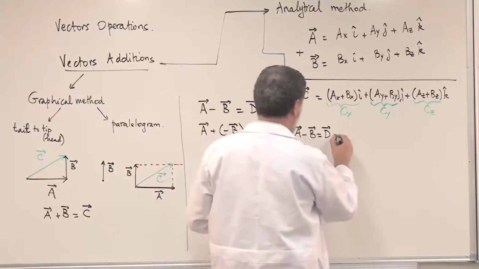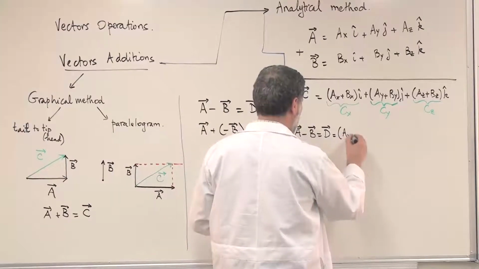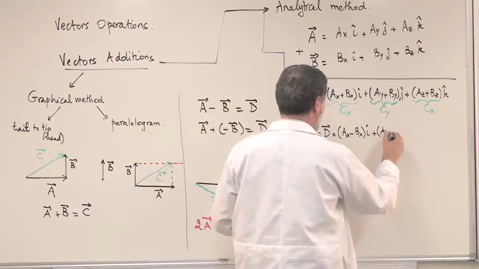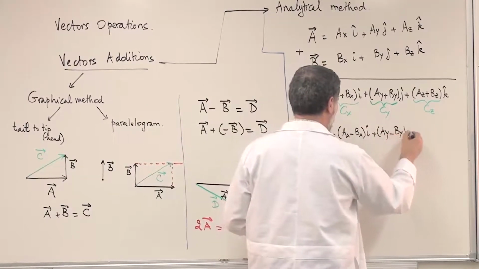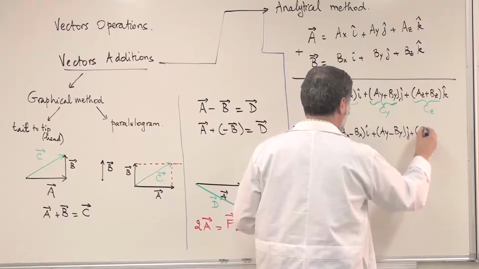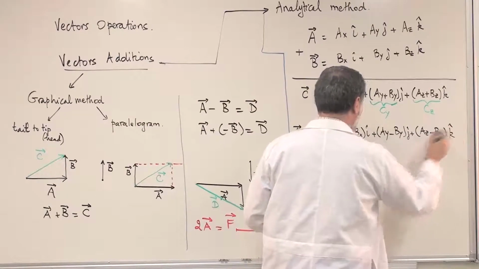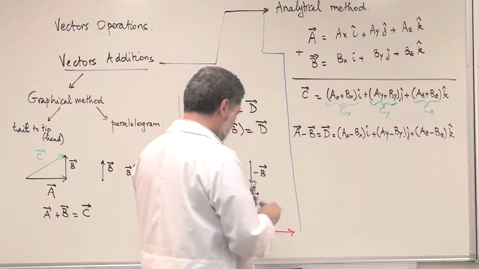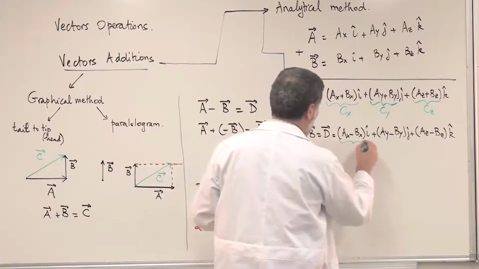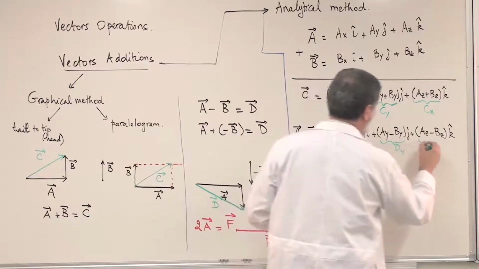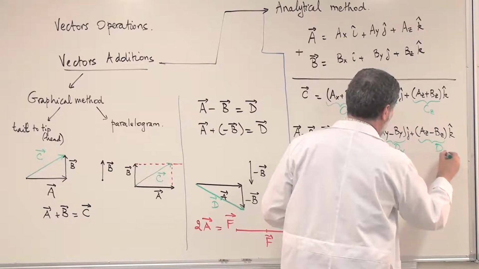Here again, we have to subtract: (a_x minus b_x) i plus (a_y minus b_y) j plus (a_z minus b_z) k. Again, these are the components of the vector D along the x-axis, along the y-axis, and along the z-axis.